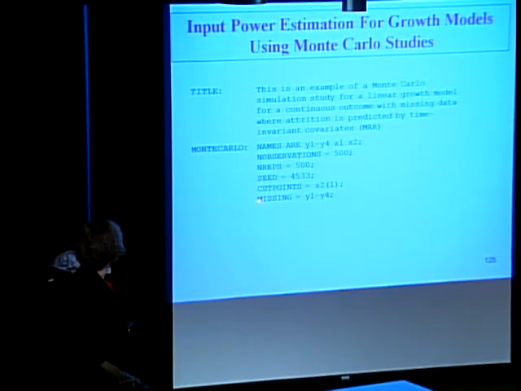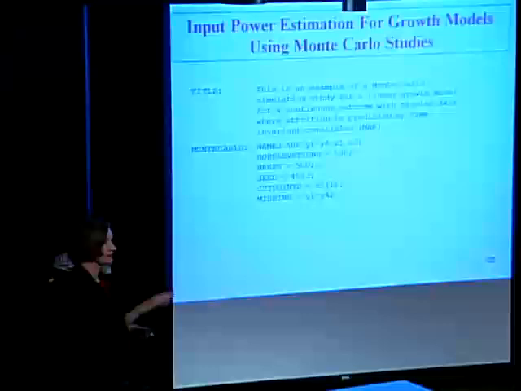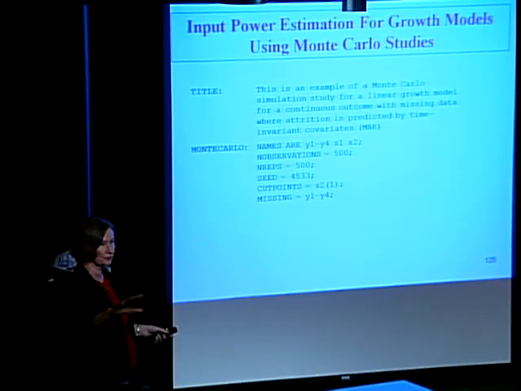The missing option is used to indicate for which variables you're going to have missing data. So we're going to have missing data on y1 through y4. And as we said, the attrition is going to be predicted by the time invariant covariates. So we're going to have missing data, attrition over time.